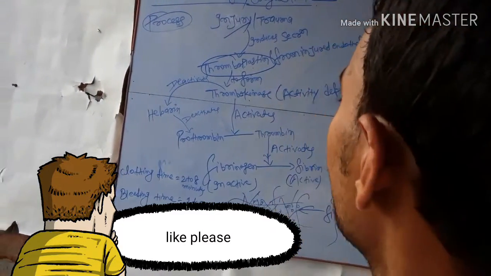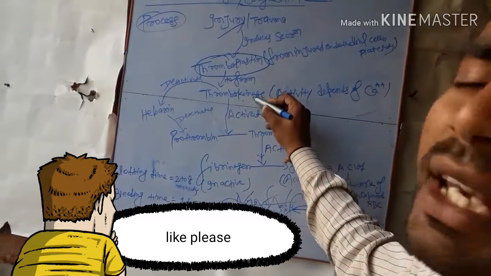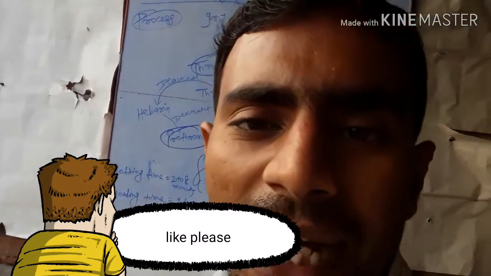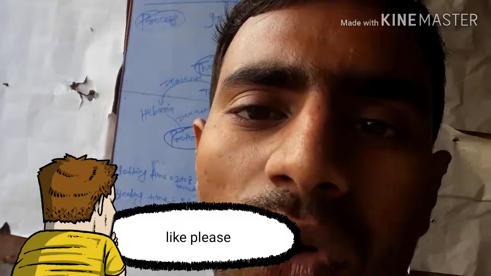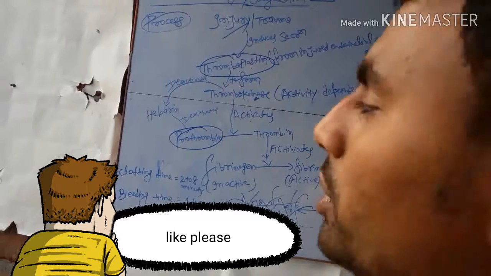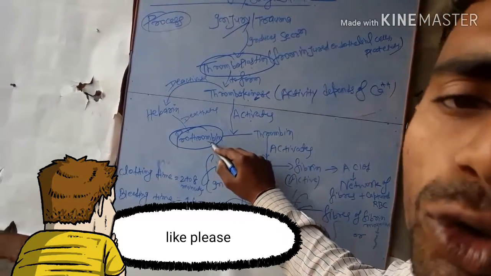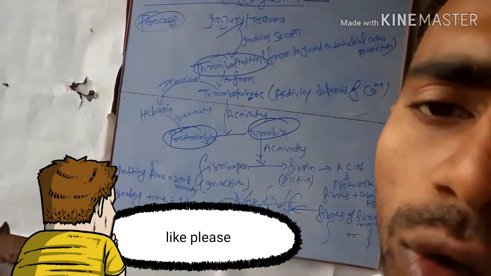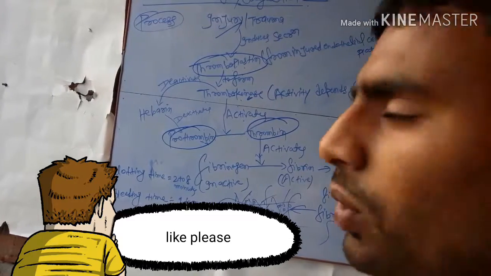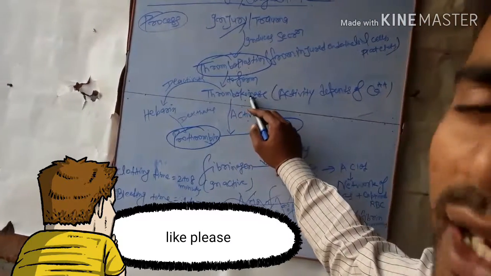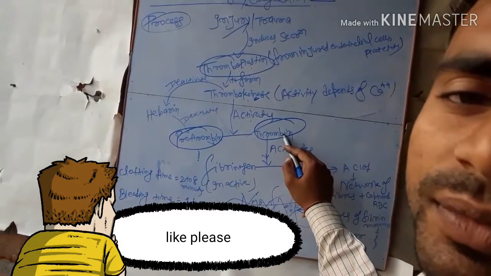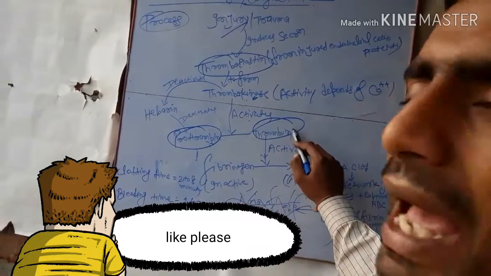After that, thrombokinase activates prothrombin, which is present in inactive form, into thrombin, which is active. This means thrombokinase converts prothrombin into thrombin, from inactive form to active form.